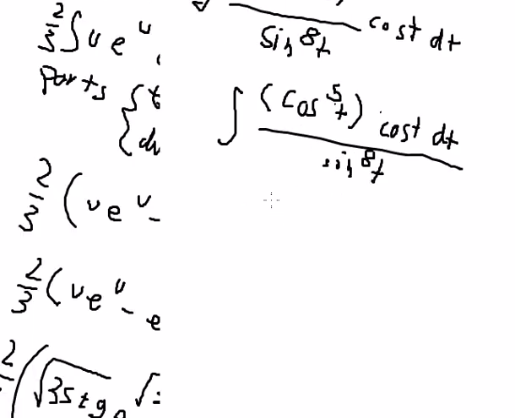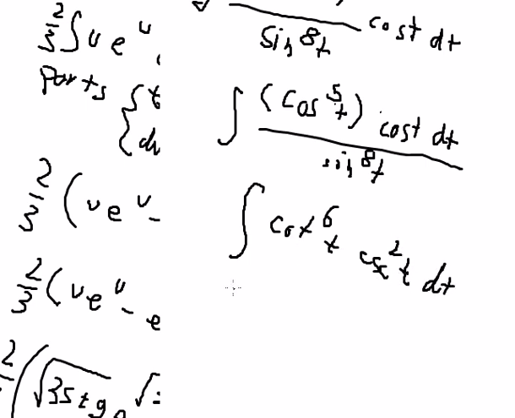So this one we can change to cosine t to the power of 6, and we have cosecant of t to the power of 2 dt.